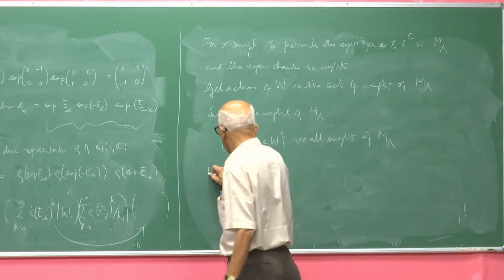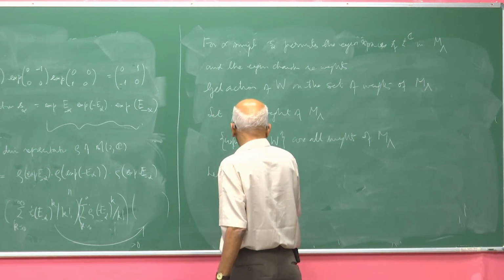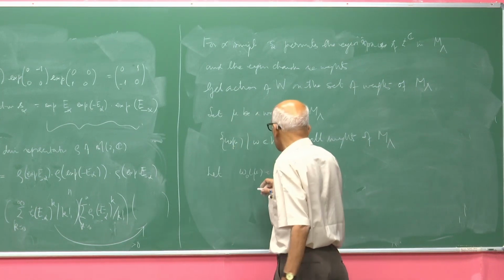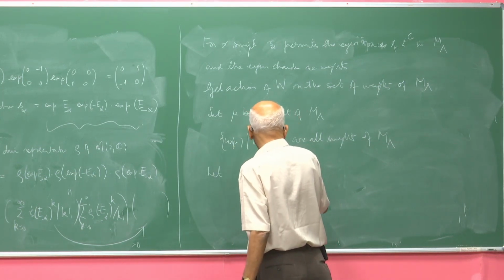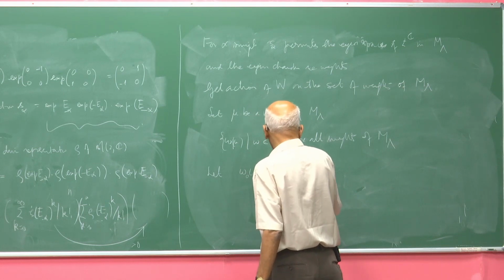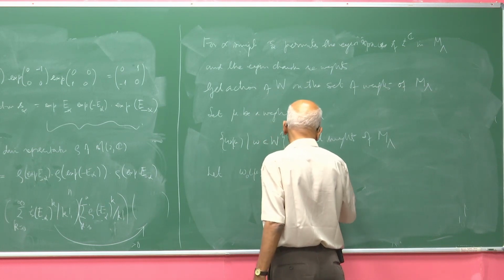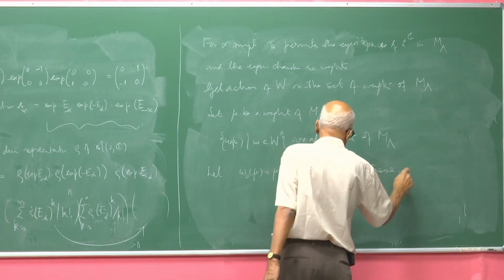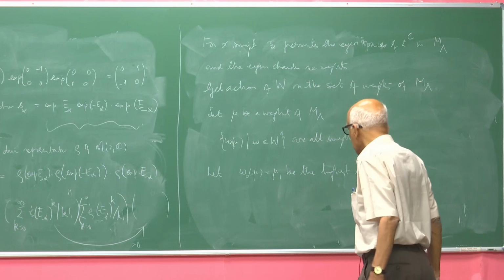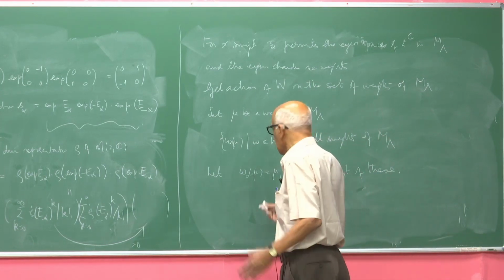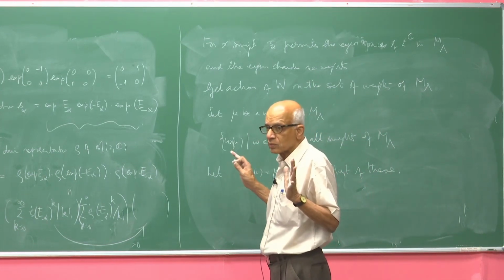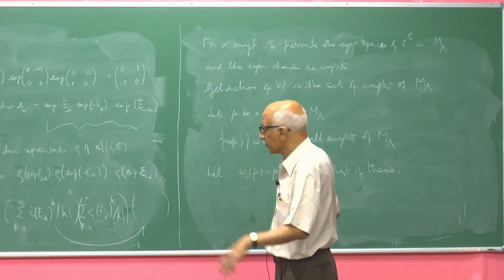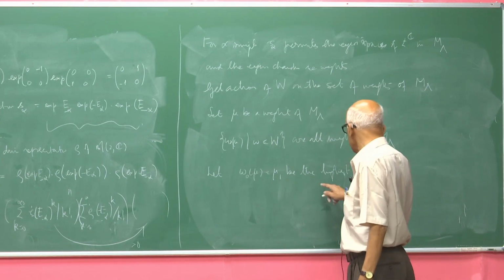Let W naught mu, equal to, say, mu 1, be the highest of these. Notice they are all integral weights, they all take integral values on the H alpha, say alpha simple. So, W naught mu equal to mu 1 be the highest weight.